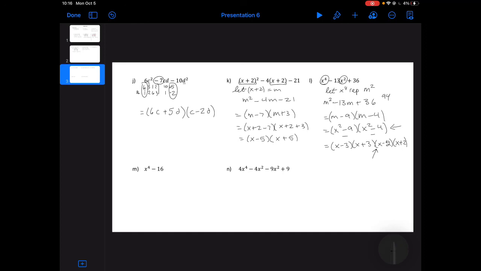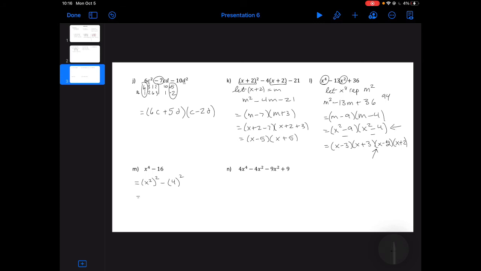Okay, two more examples. Here we've got x to the 4 minus 16. This should be recognizable as a difference of squares. This is x squared squared minus 4 squared.